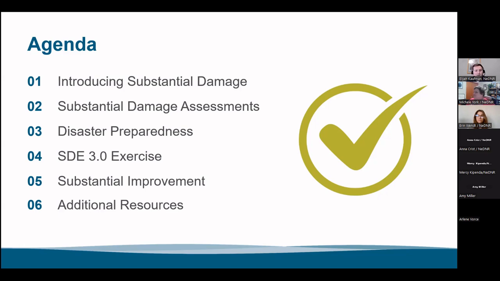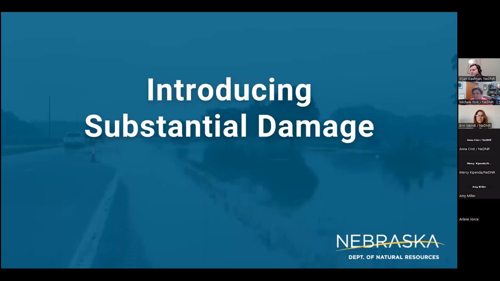Depending on the amount of time, we might even be able to do an entry. Then we'll finish off by talking about substantial improvement and how that relates to substantial damage and what the differences are. And of course, we will share resources at the end and throughout. So let's start off. Let's talk about substantial damage and what it actually is.